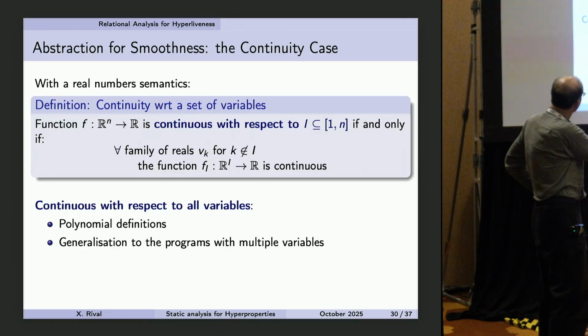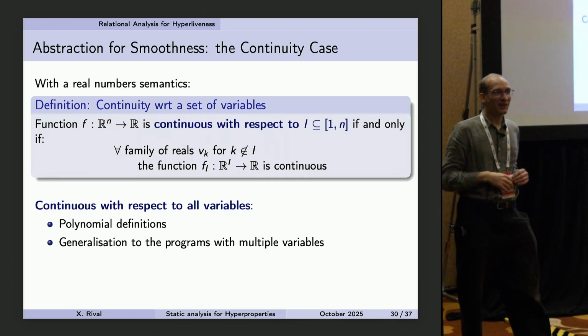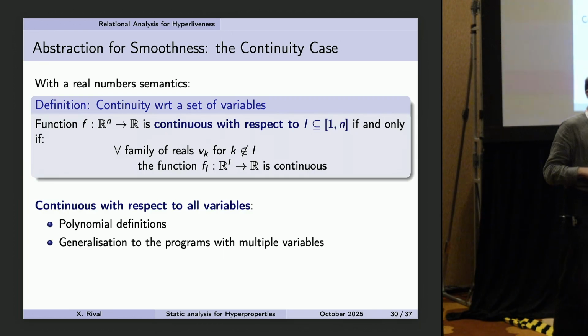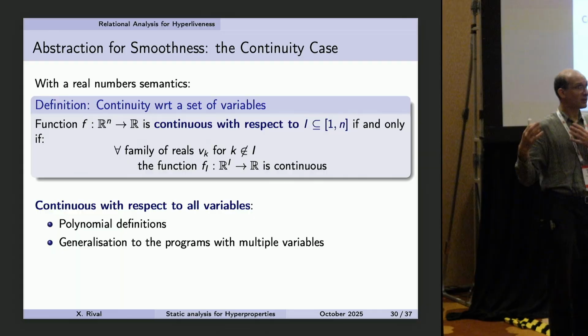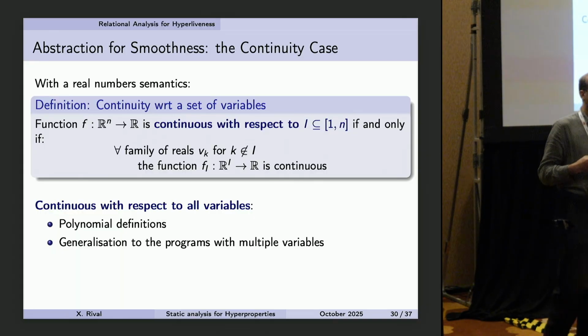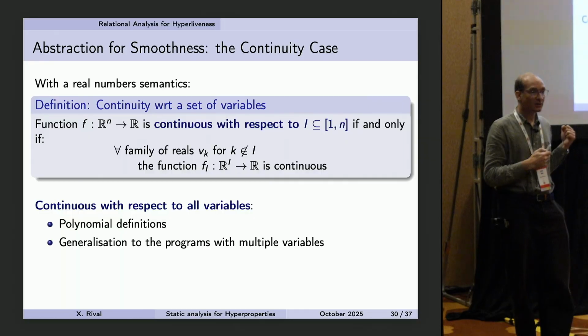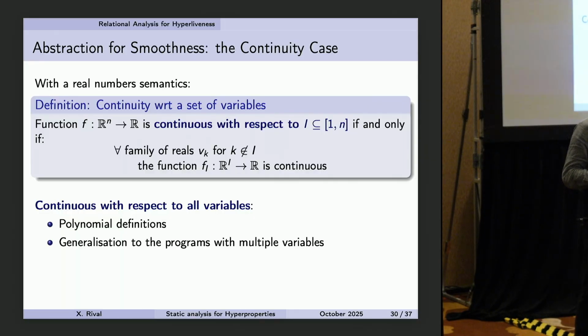I am sorry, I dropped part of my definition here; I finished my slides a bit late. Essentially, it means that if you fix the variables that are not in I, the function that considers only the other variables is continuous in the standard continuity sense, exactly the same definition as I gave before.